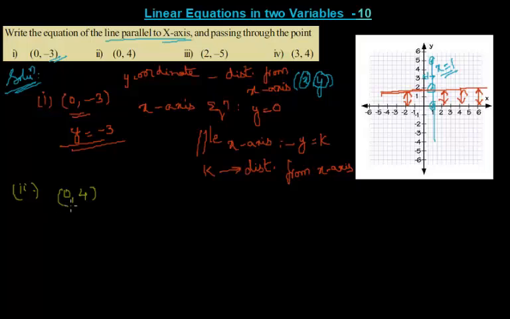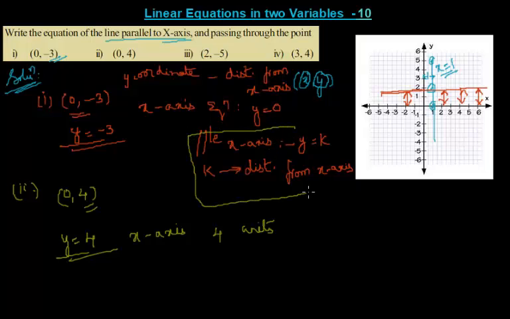So what this indicates? This indicates that the y is equal to 4 line is parallel to x-axis and is at a distance of 4 units from it. From this information, we can write this equation.